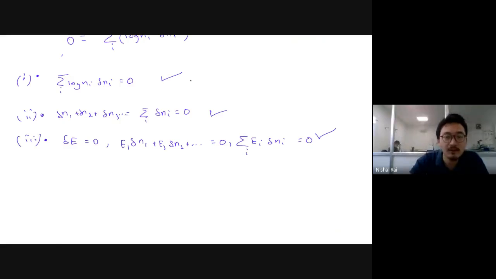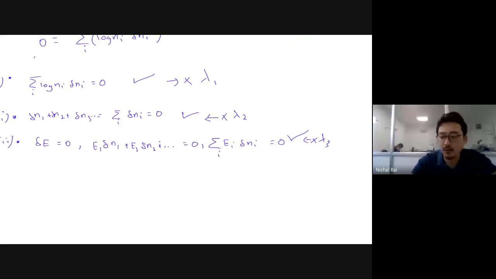We multiply 1 by some constant lambda 1, this by lambda 2, and this by lambda 3, and add all these 3. That is how simultaneously it will be 0. That condition will be satisfied. So this is how you do it.